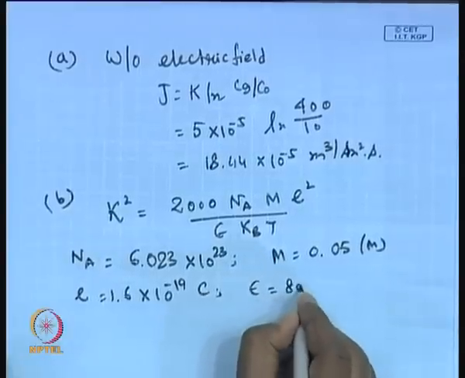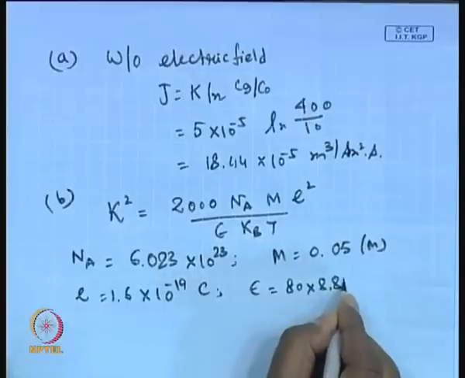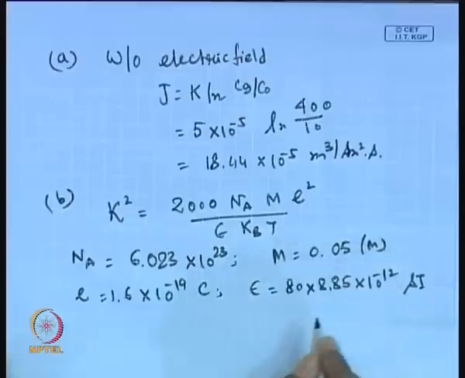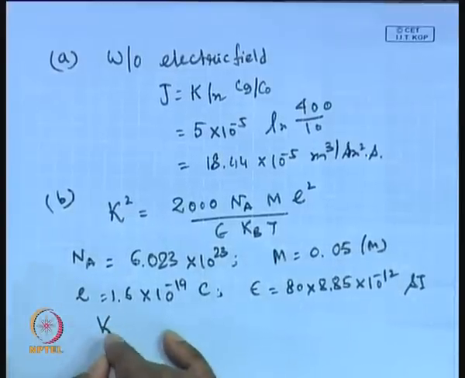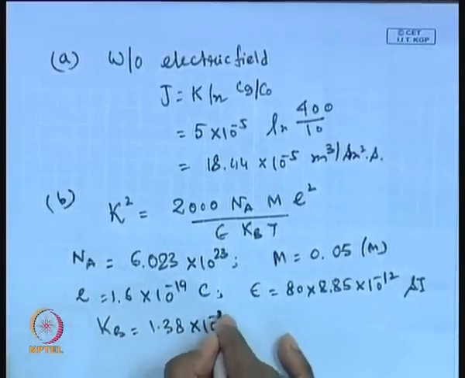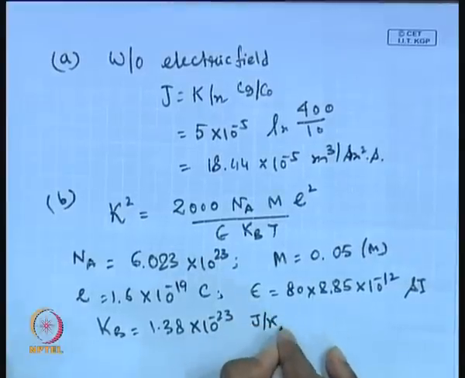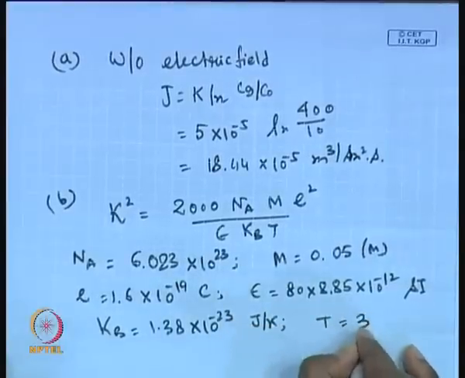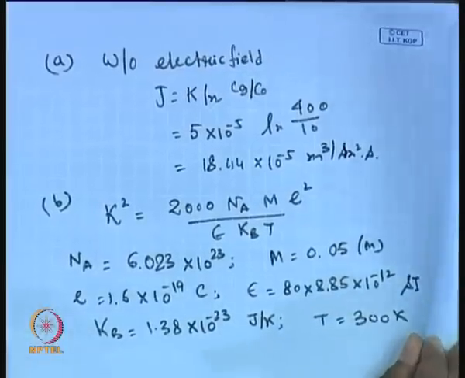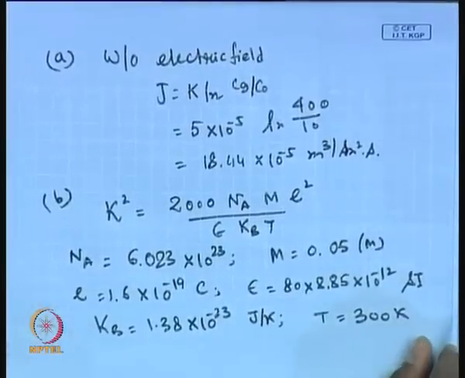Epsilon is 80 into 8.85 into 10 to the minus 12 SI unit, and kB, the Boltzmann constant, is 1.38 into 10 to the minus 23 joule per Kelvin, and temperature we take as room temperature, 300 Kelvin, that is 27 degrees centigrade.